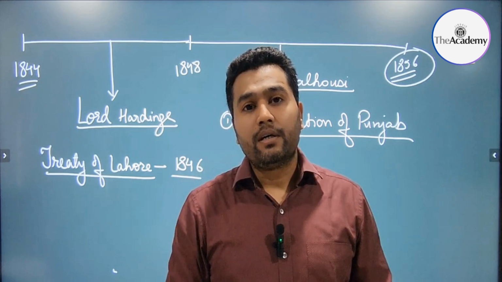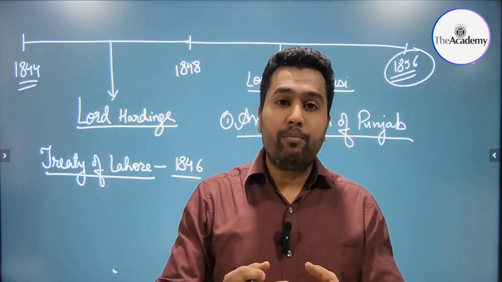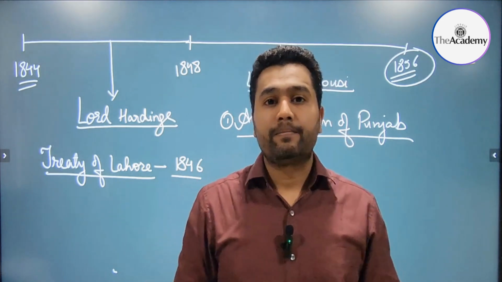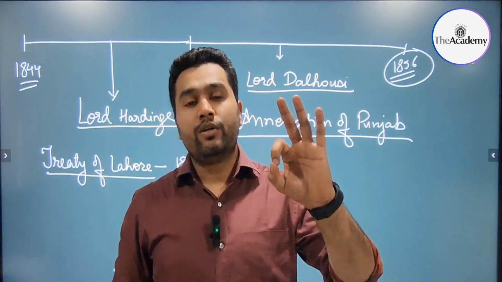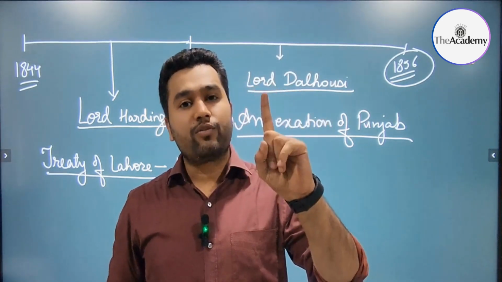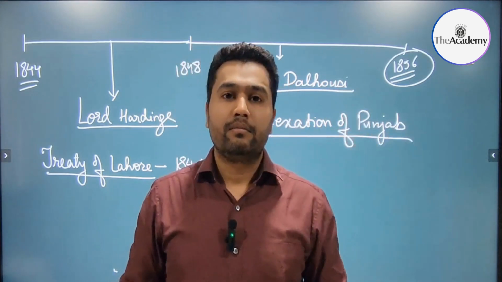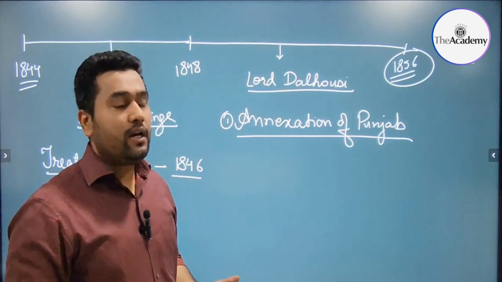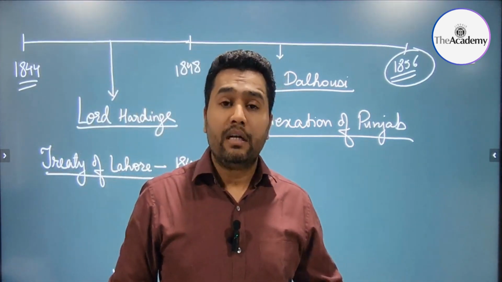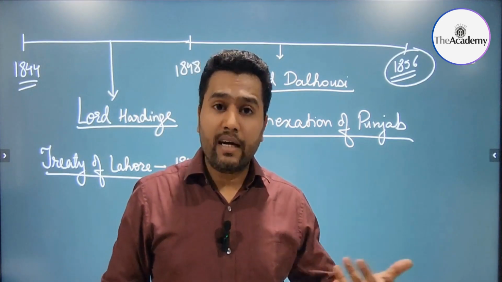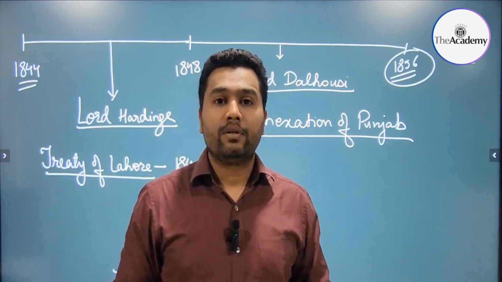Lord Dalhousie was a Governor General who pursued the policy of annexation vigorously, and he made use of three instruments to annex territories. First was war, second was the Doctrine of Lapse, and third was maladministration. Therefore, Lord Dalhousie annexed Satara, Sambalpur, Jaipur, Nagpur, and Jhansi on the pretext of the Doctrine of Lapse.